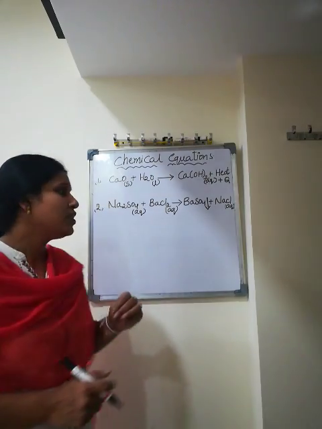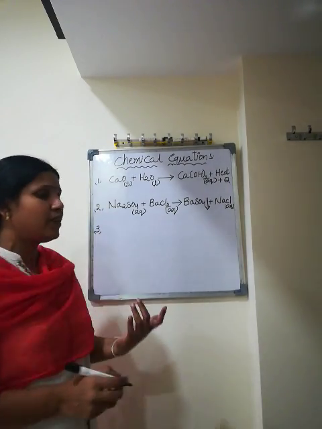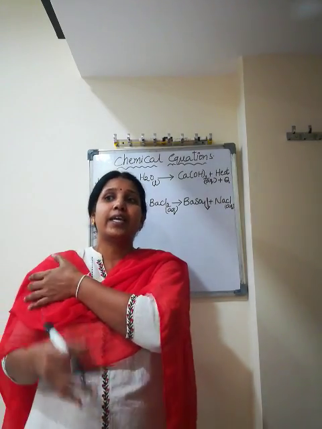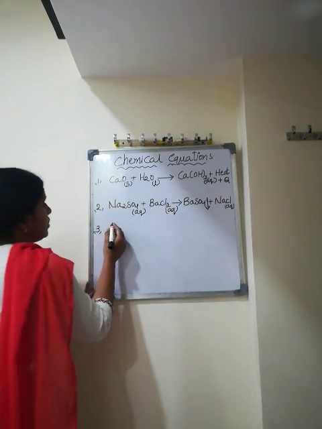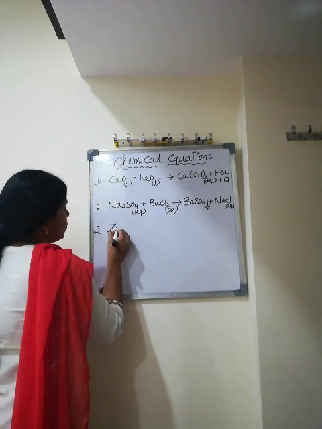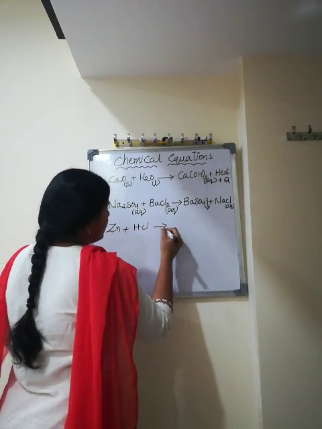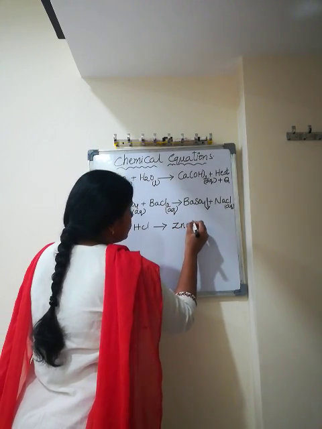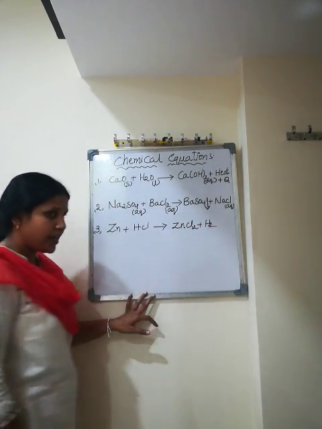And the third way is by expressing the gases evolved in the reaction. So this is the third example. Zinc pieces are added to dilute hydrochloric acid and the substances formed are zinc chloride and hydrogen gas. We discussed this in the first part.